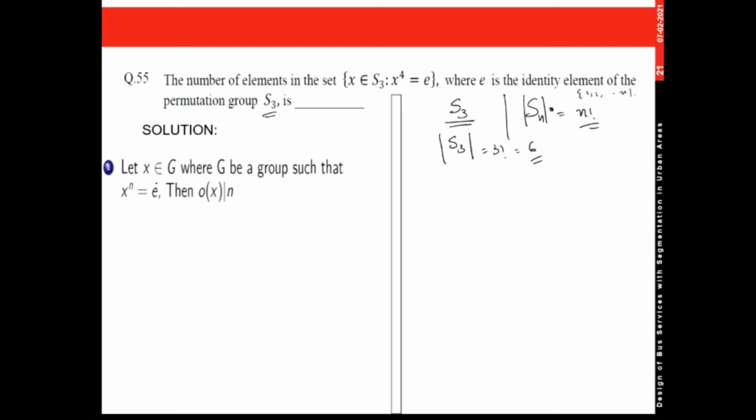So we know that if x is an element in G, and G is a group such that x raised to n is equal to e, the identity, then the order of x divides n. So here, given that x raised to 4 is equal to e, the order of x might be 1, 2, or 4.